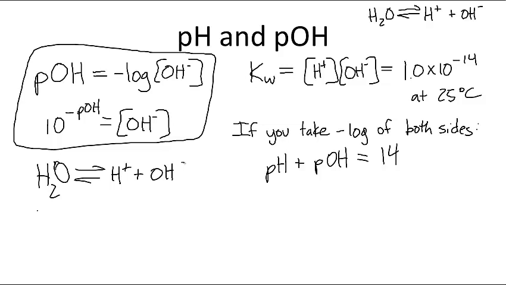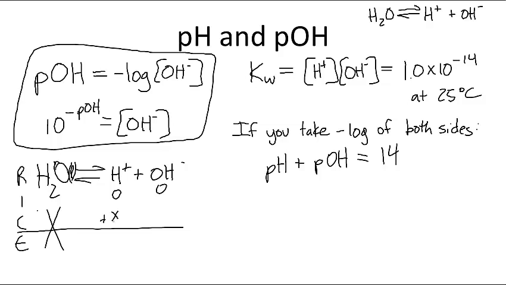If we do a RICE chart for pure water, water's a liquid. Am I going to care about that in my equilibrium expression? No, so I really don't care. Before water dissociates, I have no H plus and no OH minus. How much it dissociates, we'll call X. So I have equal amounts of H plus and OH minus in pure water.